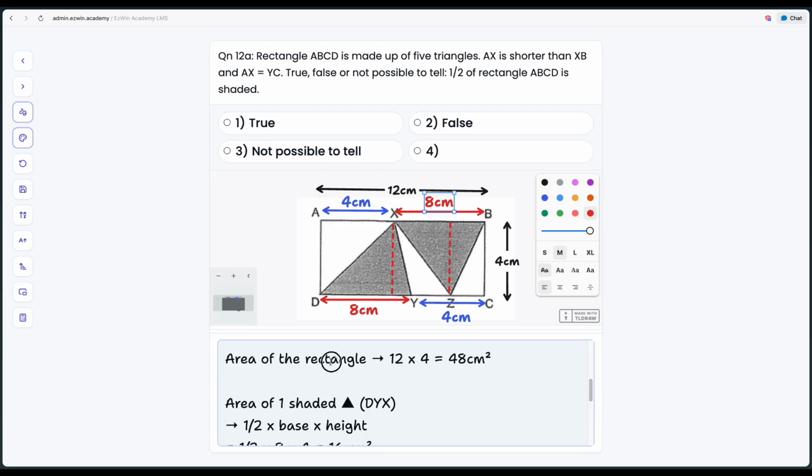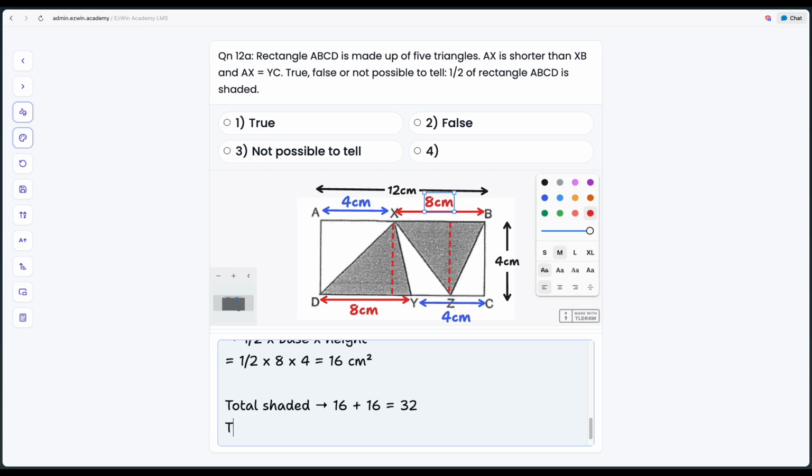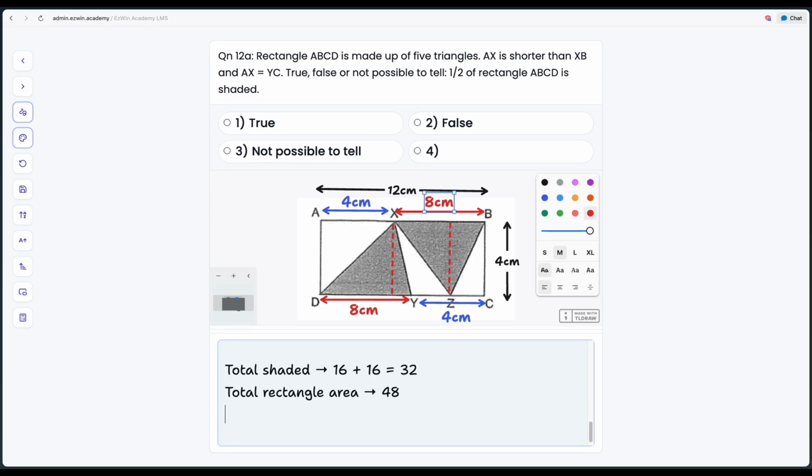However, the area of the rectangle over here is 48 centimeters square, 12 times 4. So half of the rectangle area is equal to 48 divided by 2, which gives us 24.